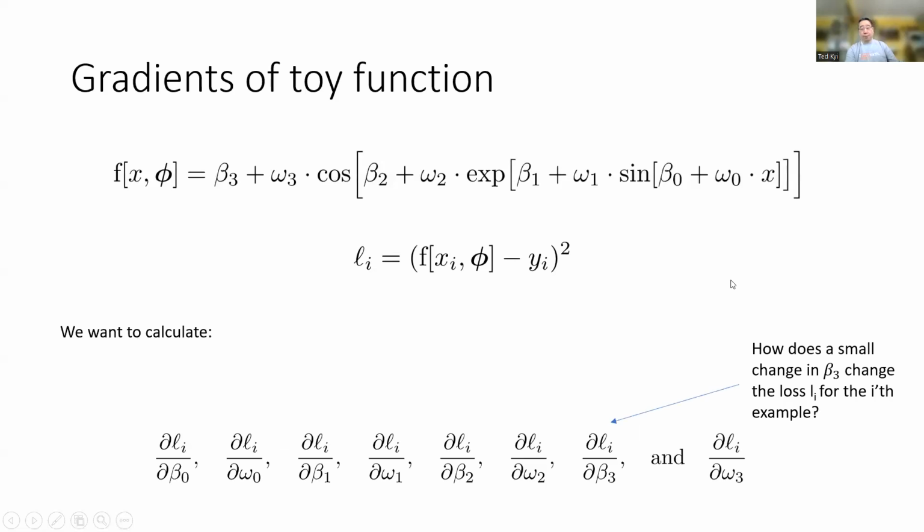So what we want to know ultimately, I'm going to read it from left to right. Our loss function, again, is squared error: prediction minus actual value, squared. By the way, you might have seen it written as actual value minus prediction. It's the same thing once you square it.